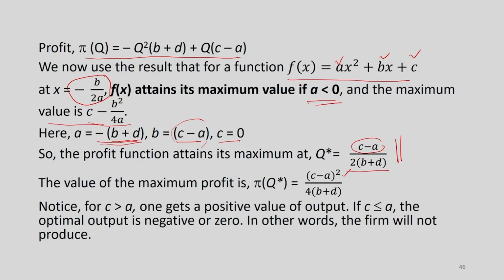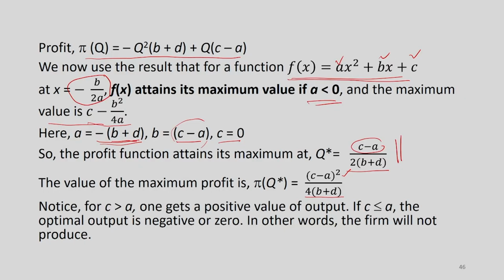So, again negative terms will cancel, and you have 4 multiplied by (b plus d). Okay. So, this is the solution that we have found for this particular problem of profit maximization. We did not use any calculus or anything, we just used the basic result that for any general form of this kind there is a maximum, if a is negative, and what is the maximum value.